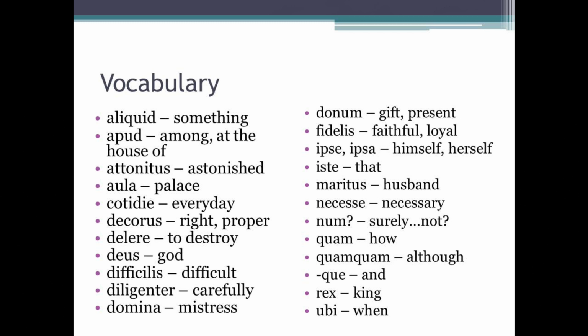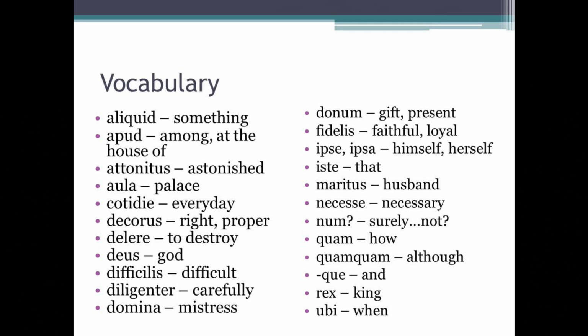Now let's have a look at some more vocabulary. Aliquid means something. Apud, among or at the house of. Attonitus, this means astonished. Aula, palace. Cotidie, every day. Decorus, right or proper. Delere, to destroy. Deus, God.